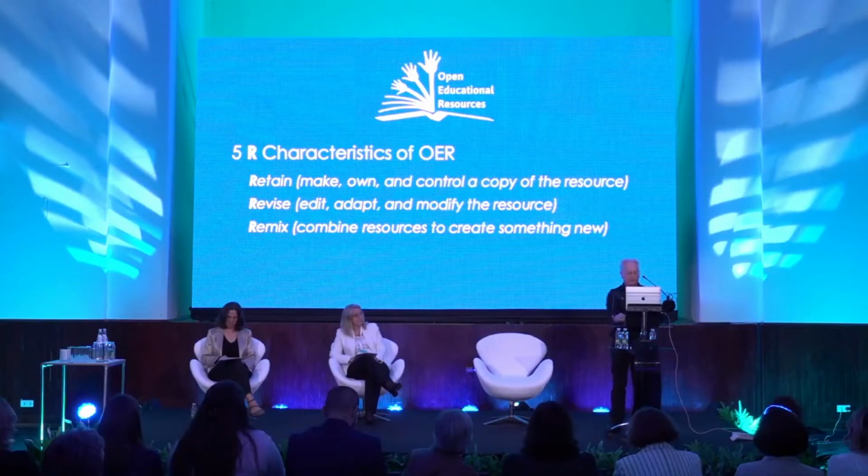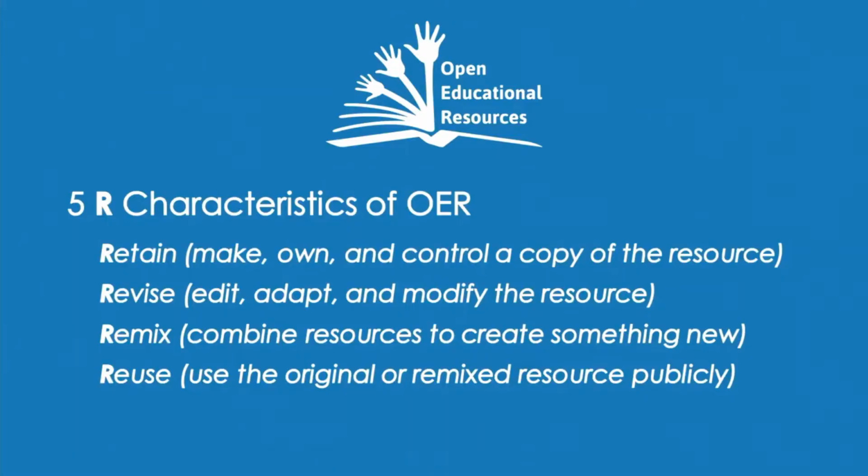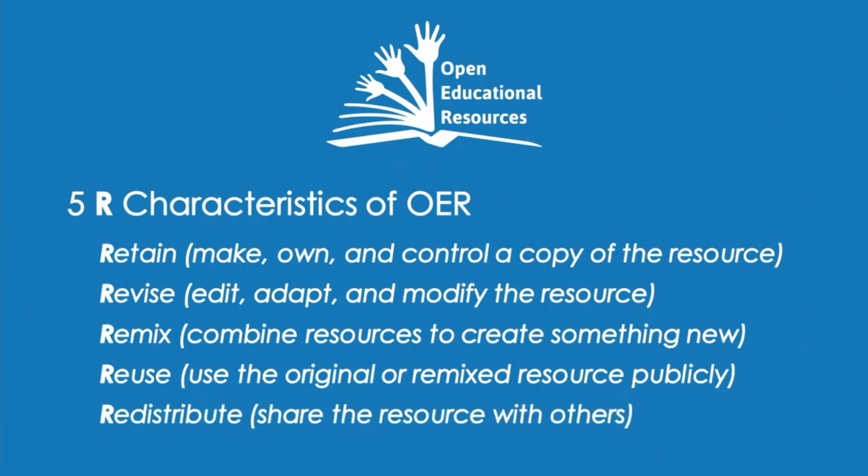Then R for revise: we can edit, adapt, and modify. R for remix: being able to combine resources to create unique and novel things. R for reuse: using the original in different ways. And then redistribute: sharing the resources more widely.